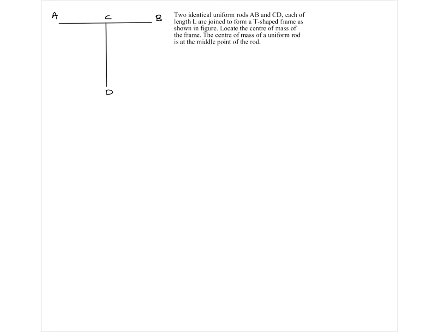On the CD line, 3 by 4 L away from D. Okay, that makes some sense. So I look at D, 3 by 4 L away from D on the CD line. Yes, that is clear.